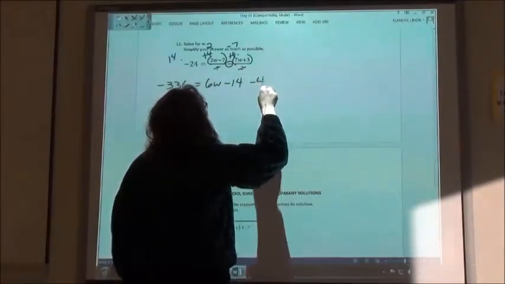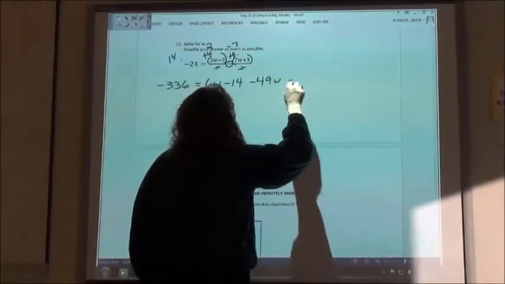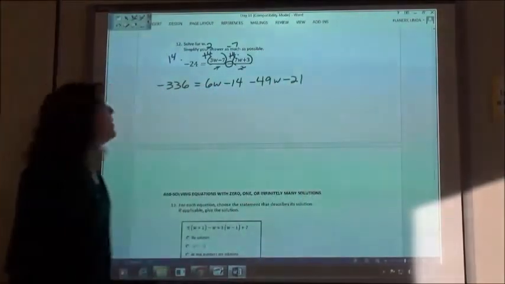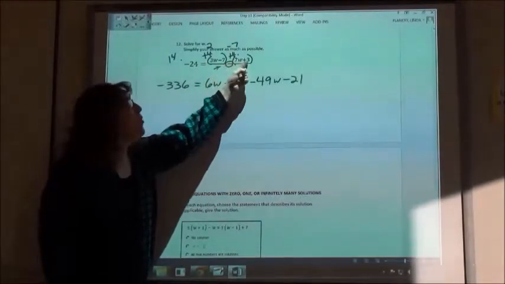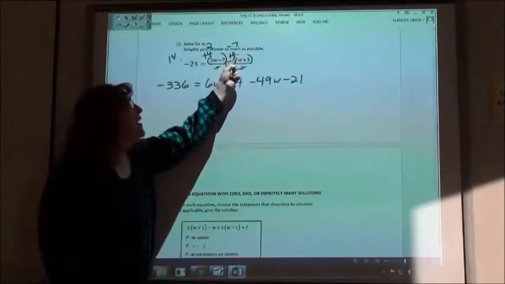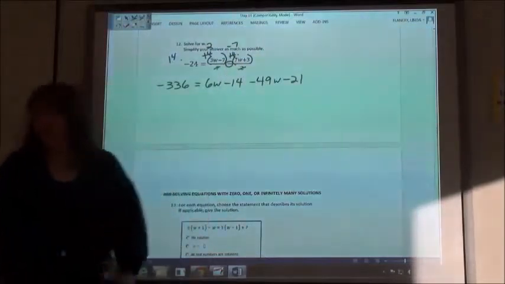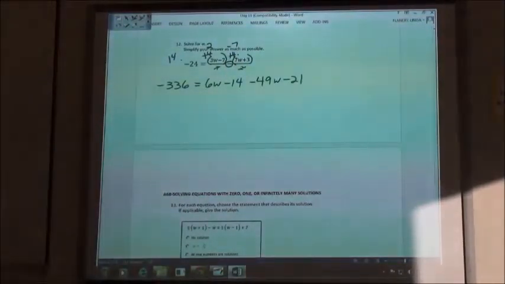What's your sign? Negative 21. You have to be really careful when that minus is there because it gets distributed to both of those. Negative times a positive is a negative, and on the second one, negative times a positive is a negative again.